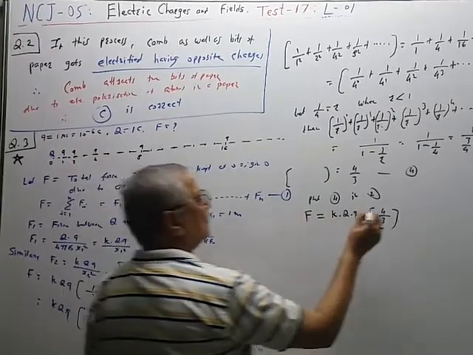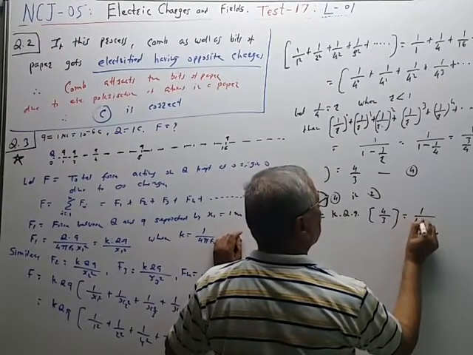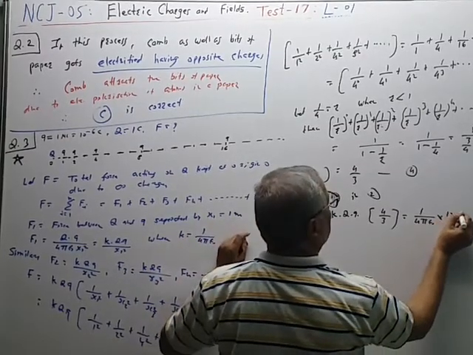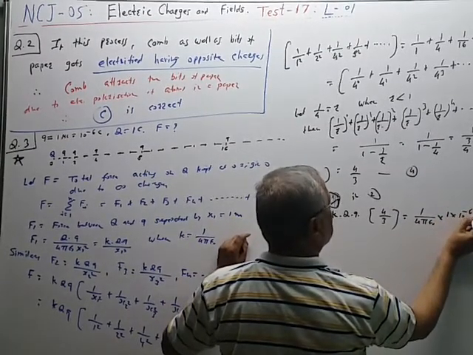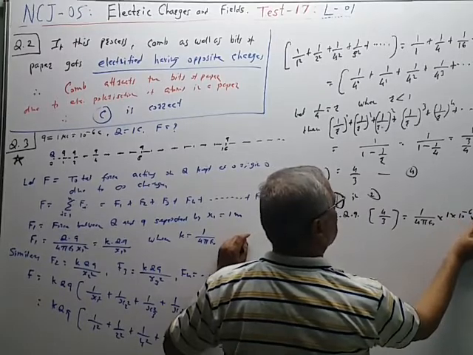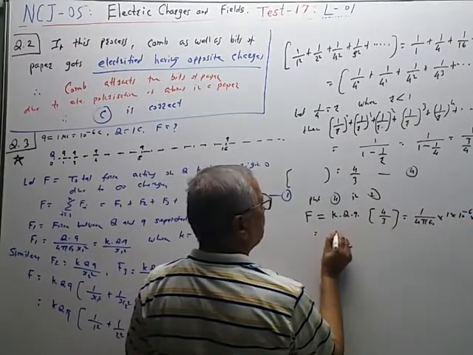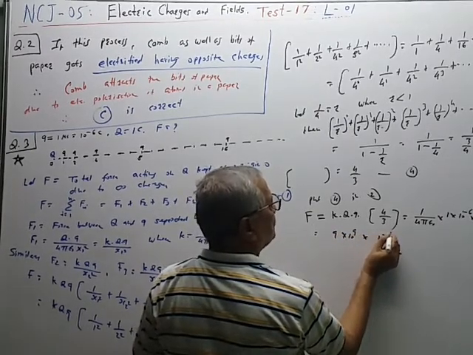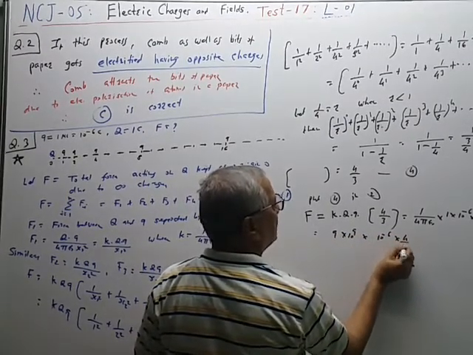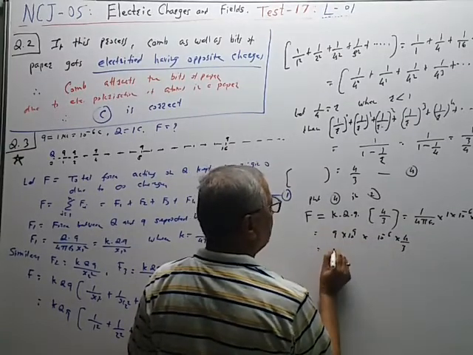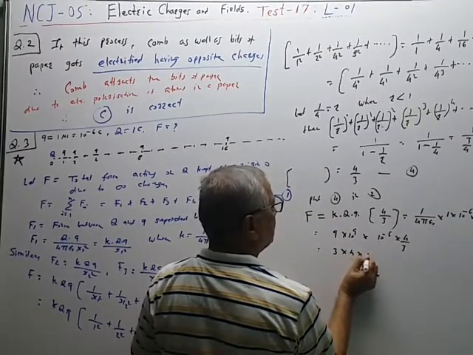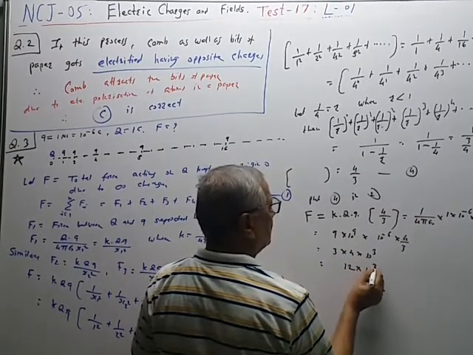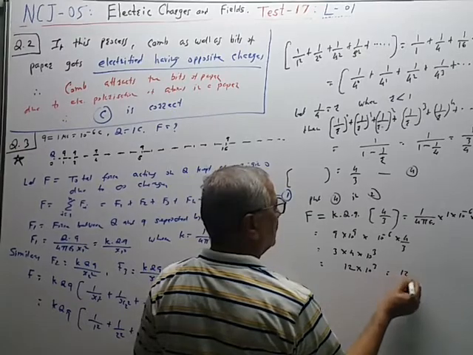So k is equal to 1 upon 4 pi epsilon naught, capital Q is equal to 1, small q is equal to 10 raised to minus 6, multiplied by 4 by 3. So 1 upon 4 pi epsilon naught, we know that it is 9 into 10 raised to 9, into 10 raised to minus 6, multiplied by 4 by 3. So this 3 will divide it. So 3 multiplied by 4 multiplied by 10 raised to 3. So that is equal to 12 into 10 raised to 3. So this is equal to 12,000 Newton.